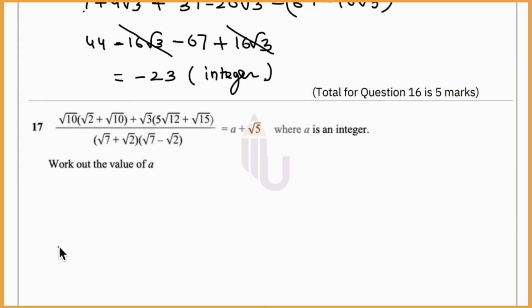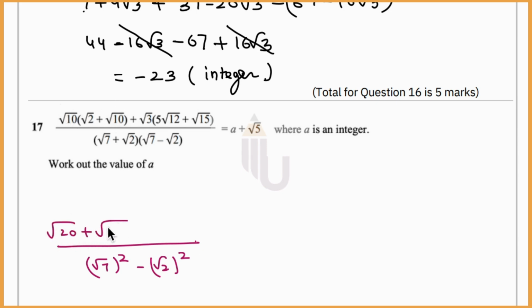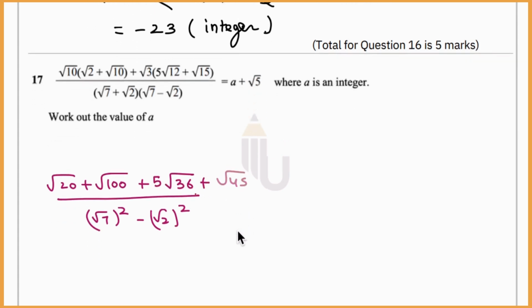Next question. Here in the denominator we have a plus b, a minus b, which is a square minus b square. In the numerator we'll simply multiply, so it will be root 20 plus root 100 plus 3 root 5 root 36 plus root 45.